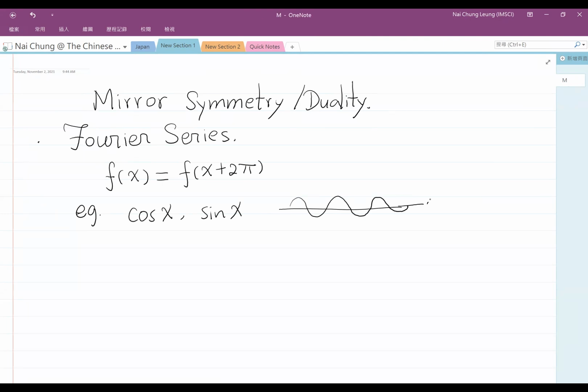In fact, any such function, you can write it as a combination of cosine x, cosine 2x, cosine 3x, and so on. So it can be cosine nx with some coefficients, or sine nx with some other coefficients, for any n. That is called a Fourier series of a periodic function f(x), where f satisfies f(x) equals f(x plus 2 pi).